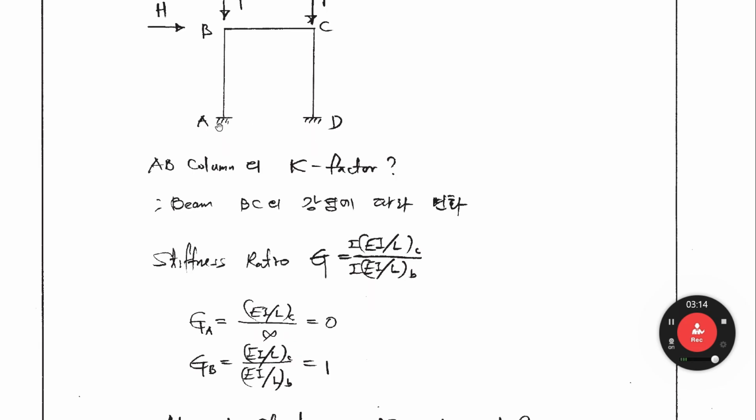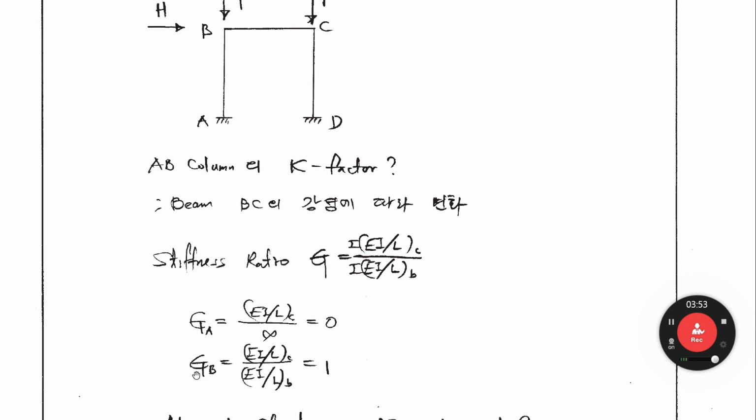It is a fixed end, which means there is no angle change at joint A. So that means we have infinite bending stiffness of the beam. So in GA, the beam has infinite bending stiffness. The column is EI over L, so the denominator is infinite, so GA results in 0, right?